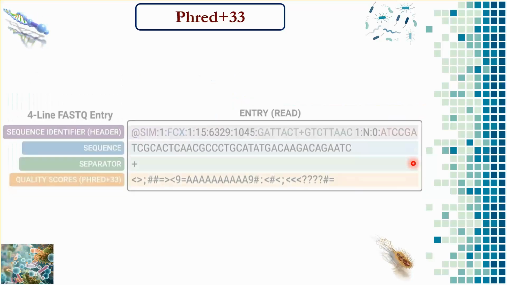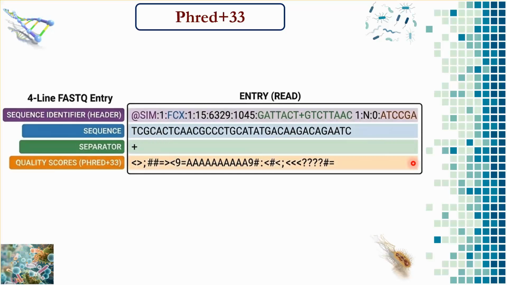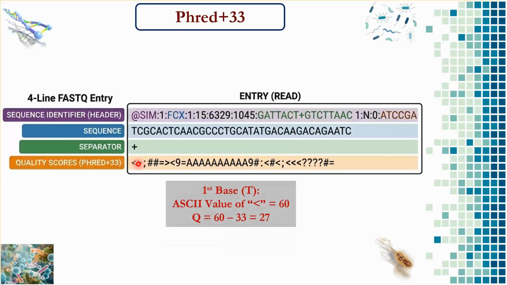Now let's decode the first two quality score symbols from the FASTQ entry we saw earlier. As we can see here, the first two quality score symbols are the less than and greater than symbols. For the first base, the less than symbol has an ASCII value of 60. To calculate the Phred quality score, we subtract 33. This gives a Q score of 27, which indicates moderate to high confidence but not extremely high.